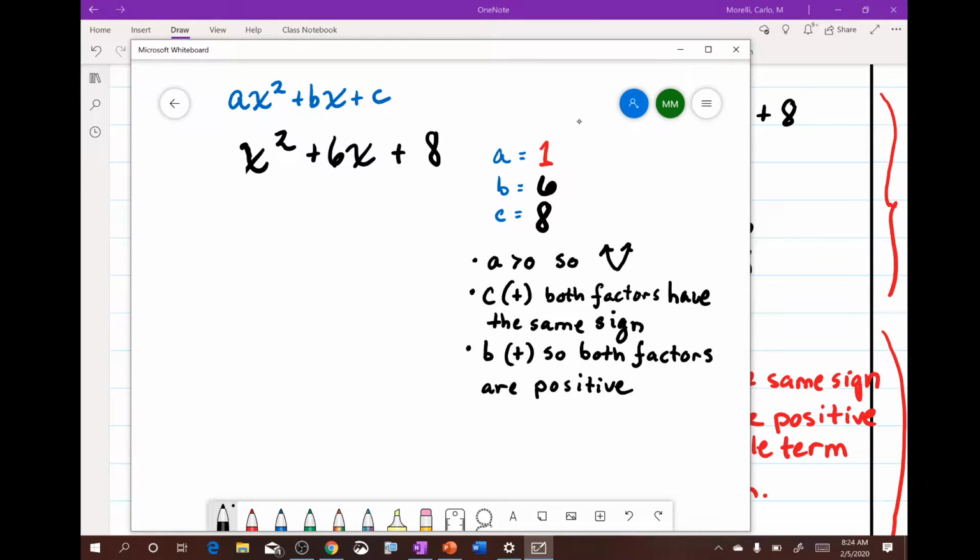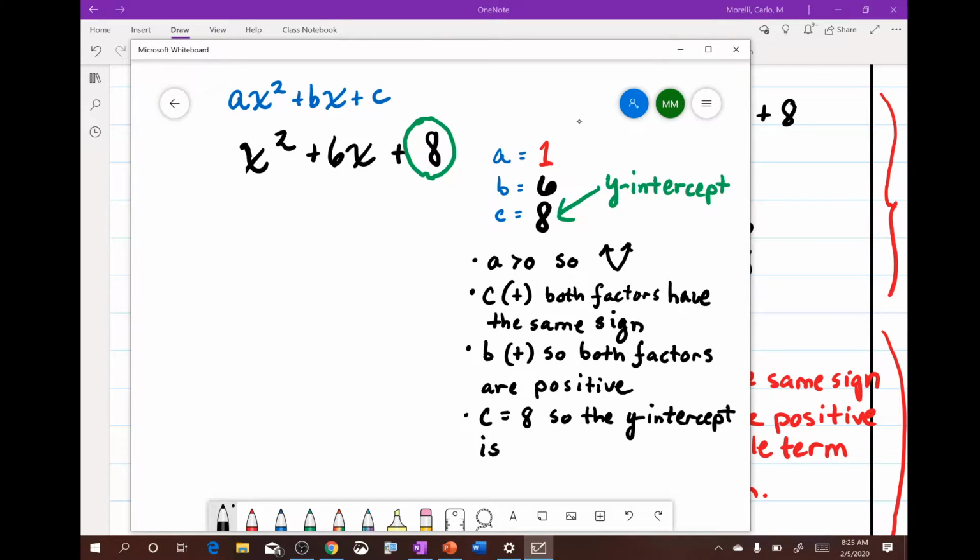Finally, and this is really cool, what letter goes with that 8? That's the y-intercept. So we can say C equals 8. So the y-intercept is at 0, 8.